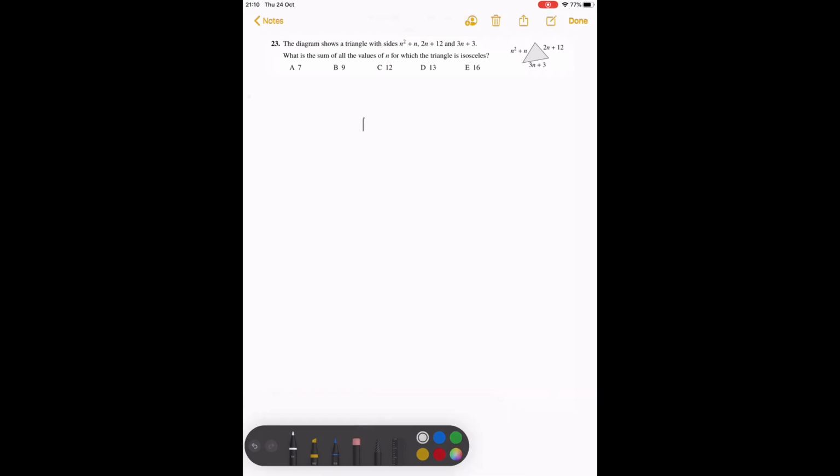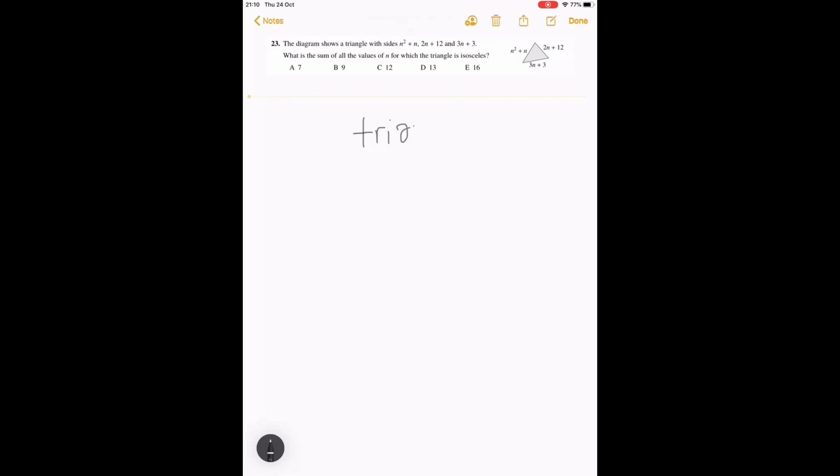So we have our triangle, which has sides n squared plus n, 2n plus 12, and 3n plus 3. What is the sum of all the values of n?